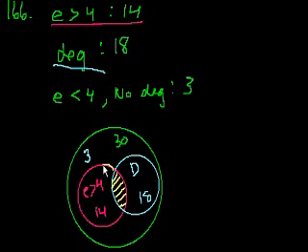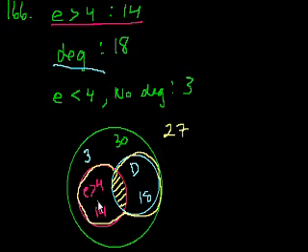So let me circle. What's this sum right here, this and this? Well, it's going to be whatever is left after you take out the 3 people who have nothing, right? So that's going to be 27 people. So 27 people have at least 4 years of experience or a degree.